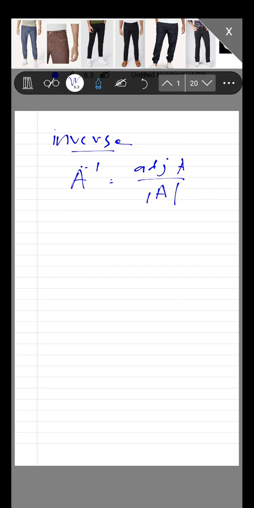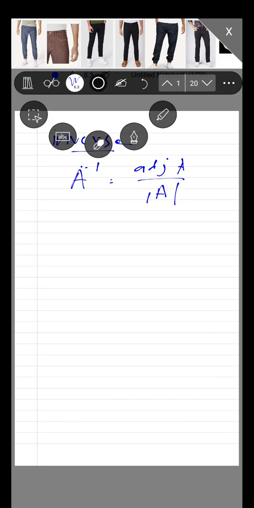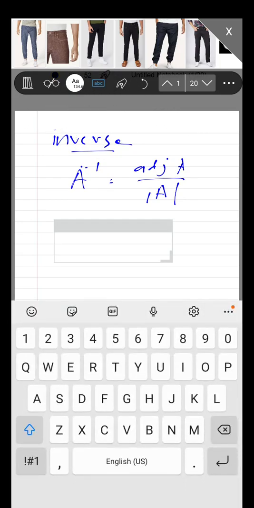The next thing that we would like to discuss about matrices is called the characteristic equation.